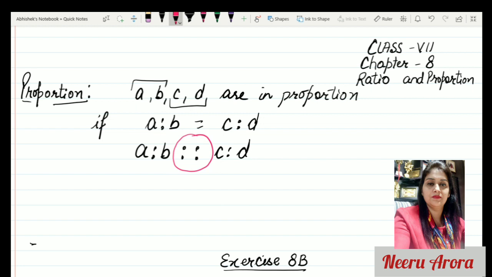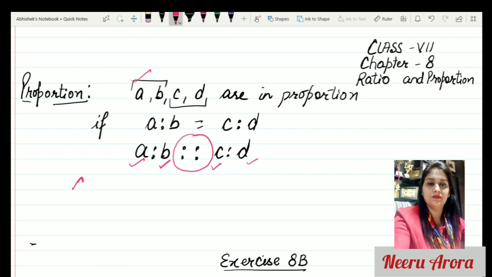Now, A is the first term, B is the second term, C is the third term, and D is the fourth term.